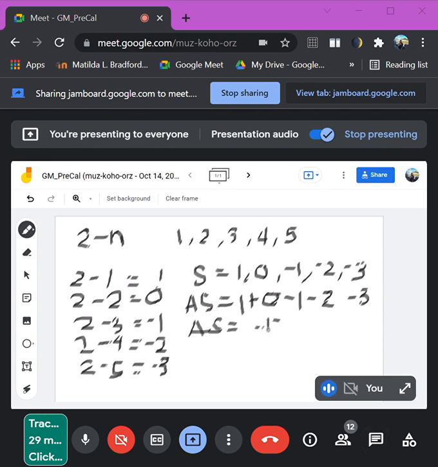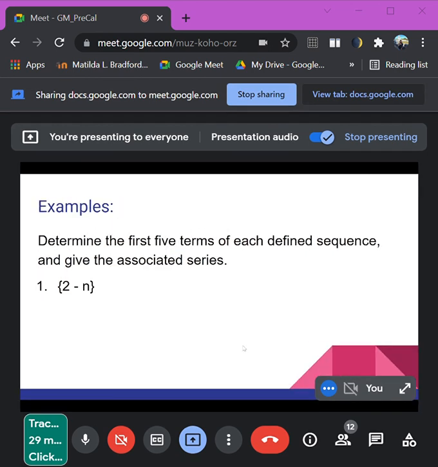So that is your associated series, negative 5. Okay. So now class, let's go back to the PowerPoint. Now, I want you to do this number 2. You're going to get the first 5 terms and then you are going to give the associated series.